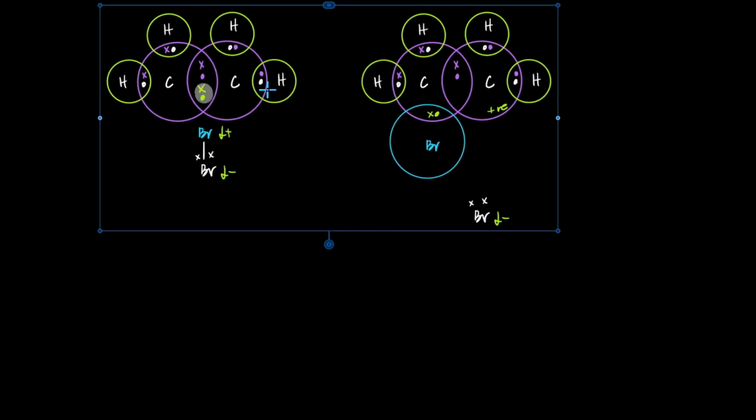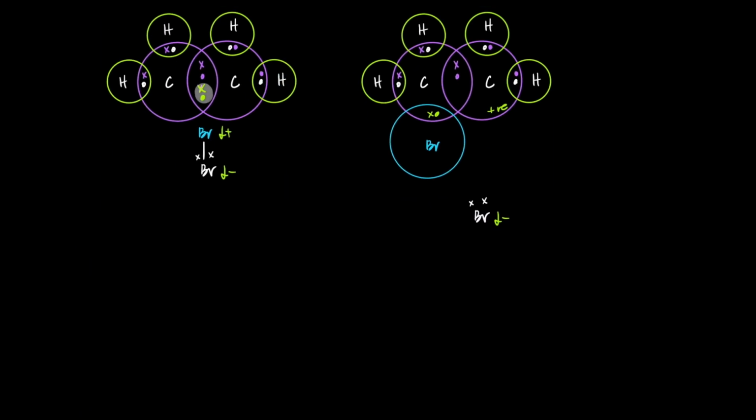For example, what I have drawn on the left initially was this carbon double bond carbon, and you had the 4 hydrogens, and you had the blue bromine attack with the white together, and one was negative, one was positive. And what's happening is that the bromine is saying, give me your electrons. In organic chemistry, we show the electrons being swapped as a curly arrow like this. Like that.